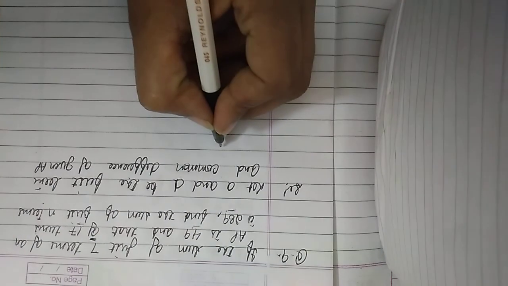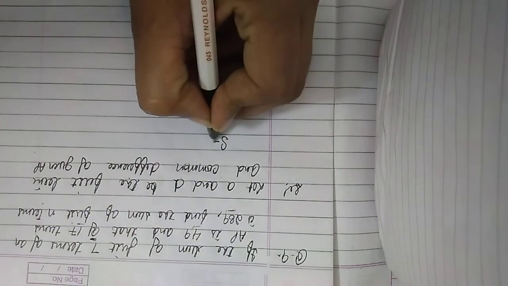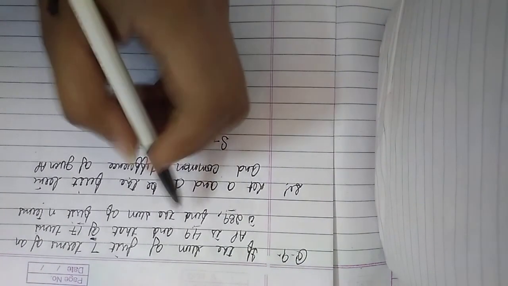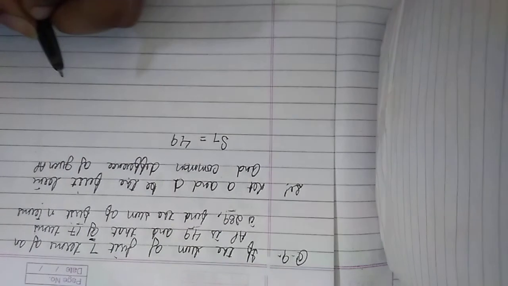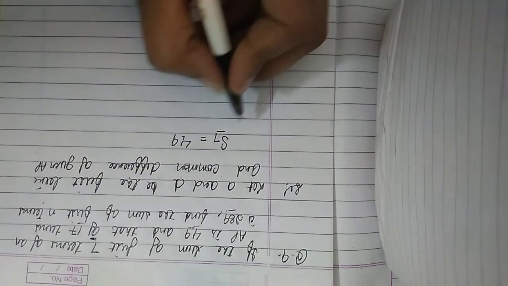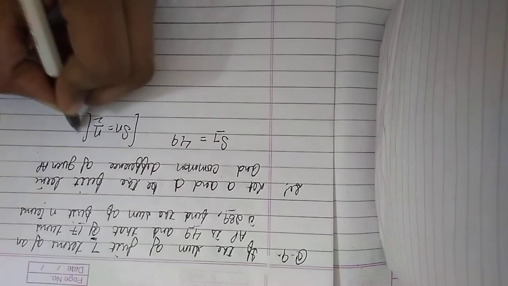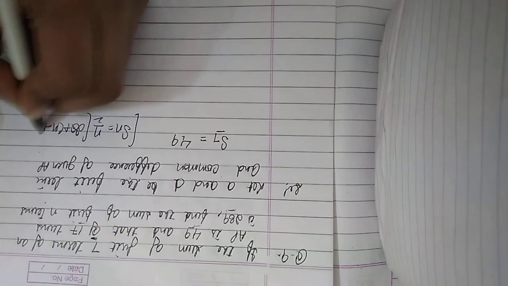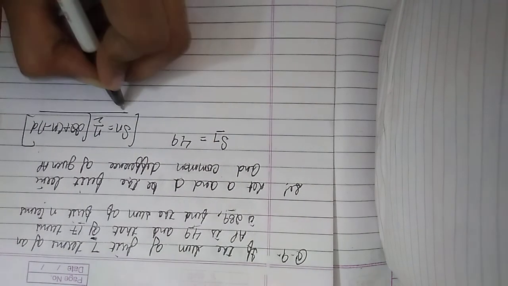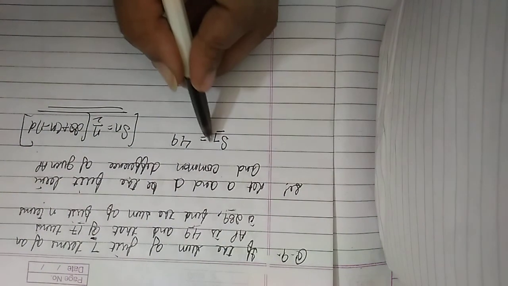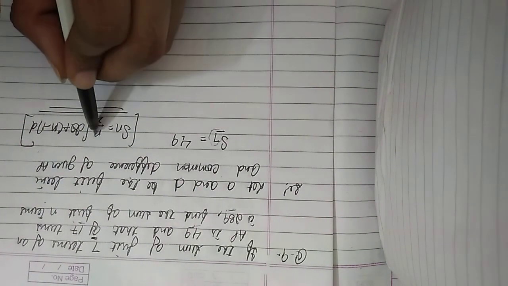Now we are given S7, the sum of 7 terms, is equal to 49. From the first condition, S7 can be written by using the formula Sn is equal to n by 2 into 2a plus n minus 1 into d, the sum of n terms formula. So here n is 7 because we have the sum of 7 terms. So substitute the value of n as 7.